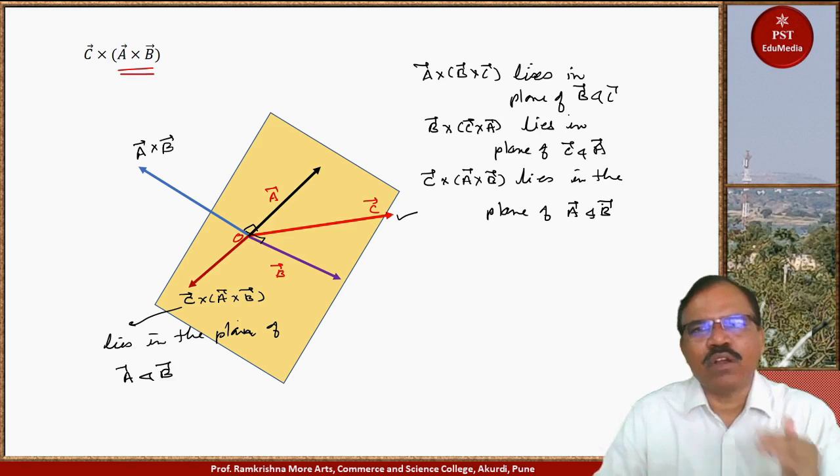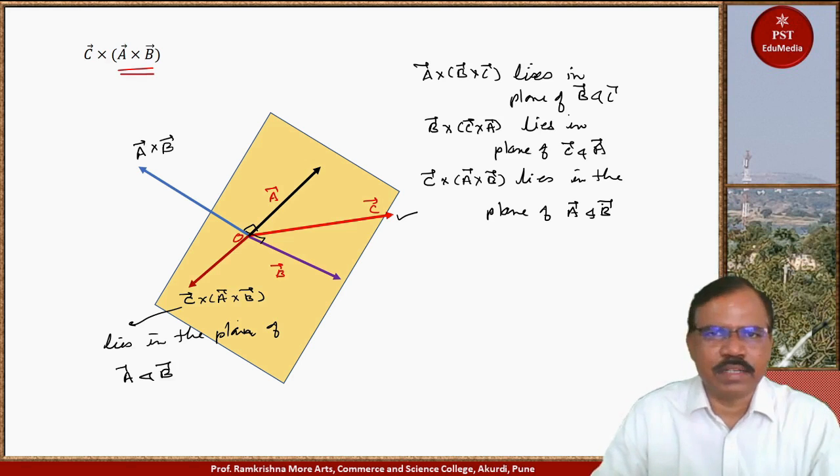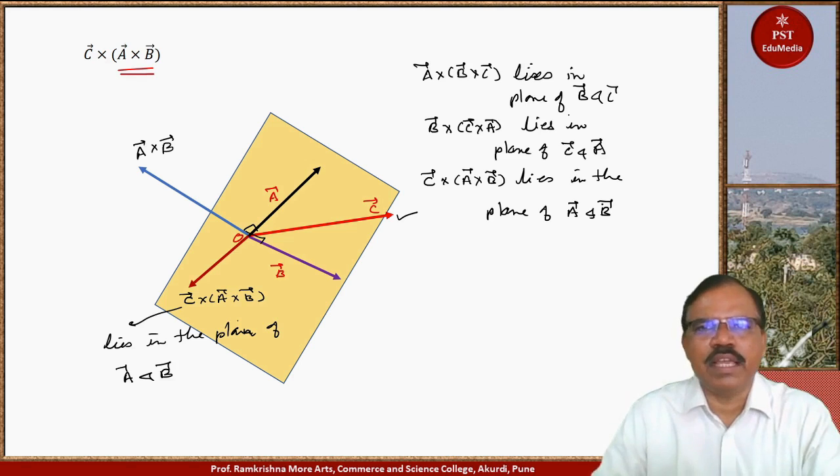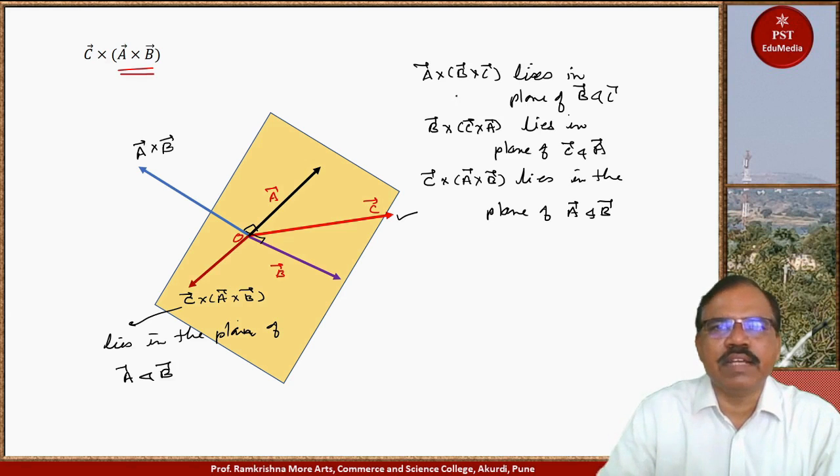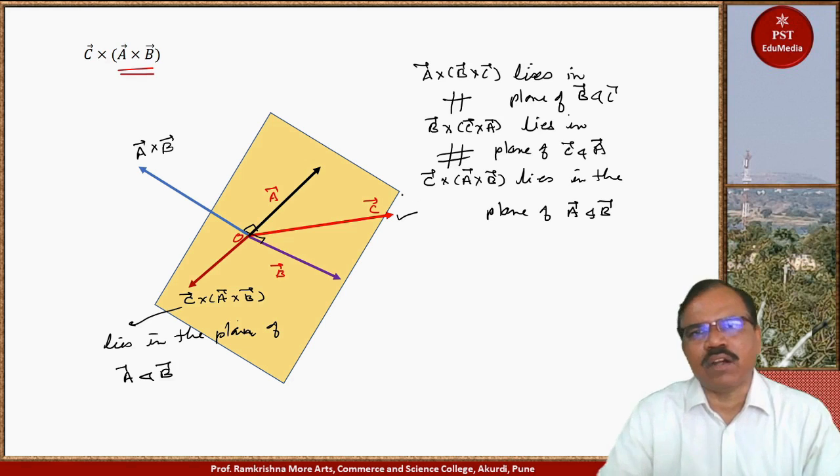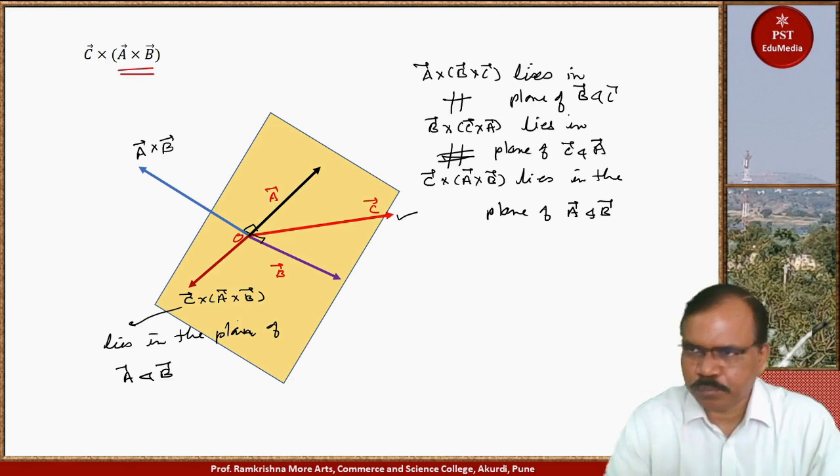That's why A cross B cross C will have different direction than B cross C cross A, and B cross C cross A will have different direction than C cross A cross B. That's why these three vectors are not equal. These three vectors are not equal vectors.